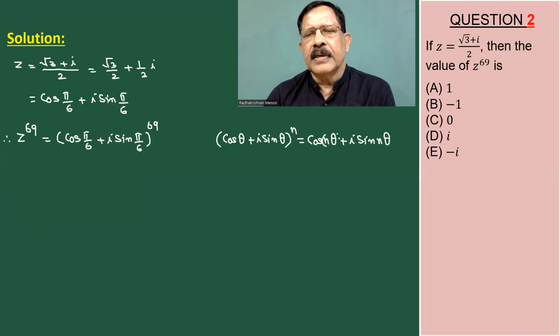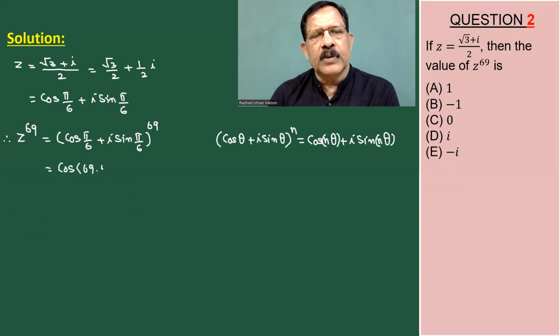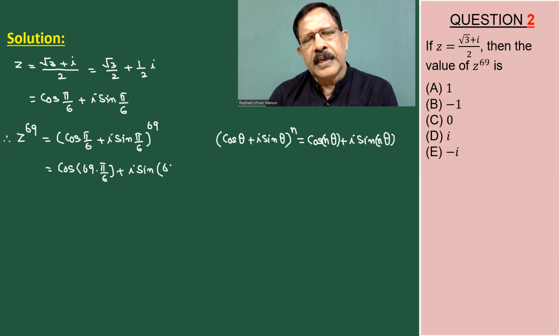N theta, we can put in brackets so you can identify it clearly. So here we get cos of 69 into pi by 6 plus i sine of 69 into pi by 6.